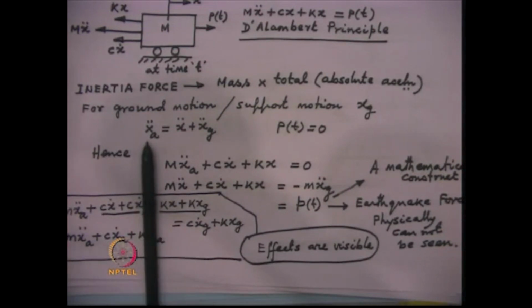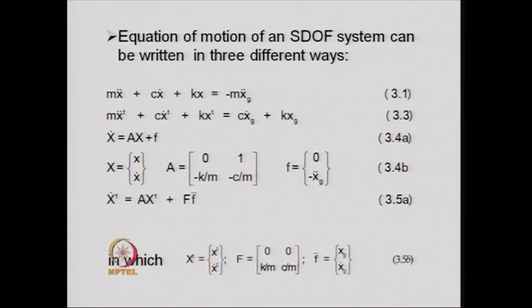Now, with these definitions and derivations, let us look at this equation, that is m x double dot plus C x dot plus K x equal to minus m x double dot g, that is what we have derived. Now, this can be written in 3 different forms.